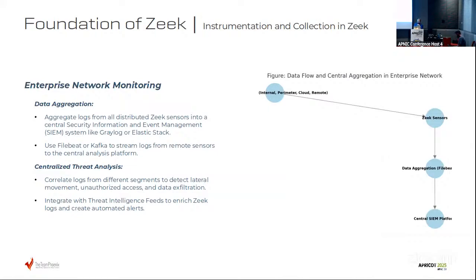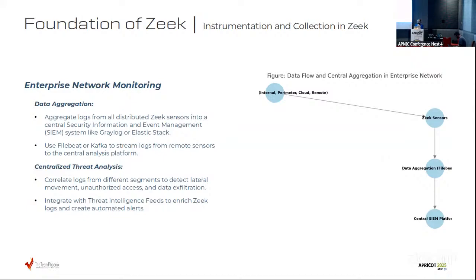In the enterprise network, from your Zeek sensor, you will export it to your log aggregator. You can use Filebeat or anything such as a log aggregator. And also you can use Kafka to streamline your log transfer from one system to another.